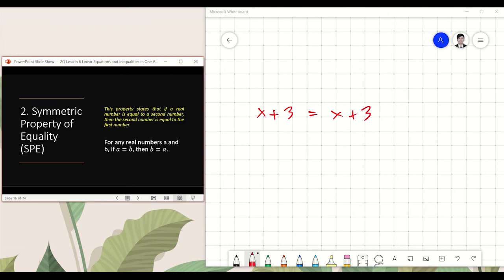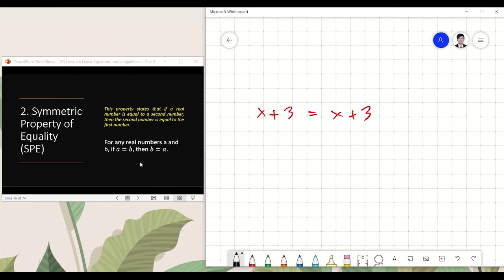Let's proceed to the second property. We call it the symmetric property of equality or SPE. So our formal definition for that: for any real numbers A and B, if A is equal to B, then B is equal to A. So kahit baliktarin natin yung left side at saka right side ng ating equation, pareho pa rin yun.